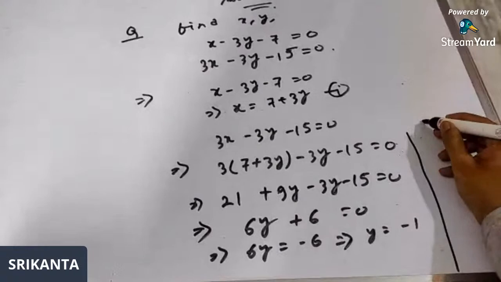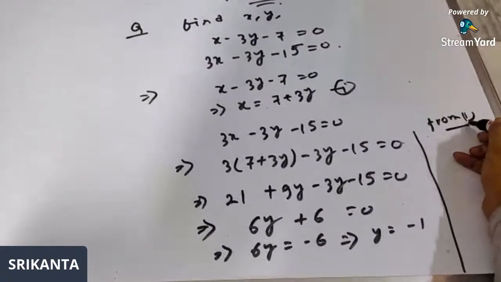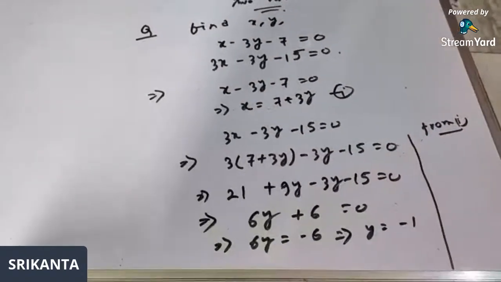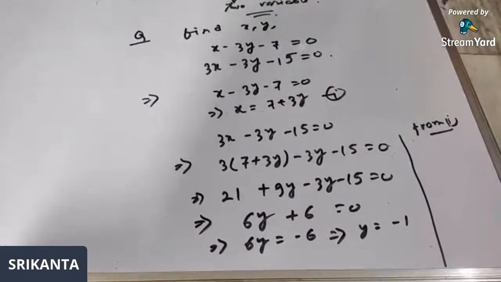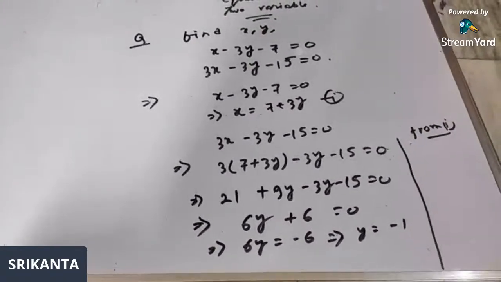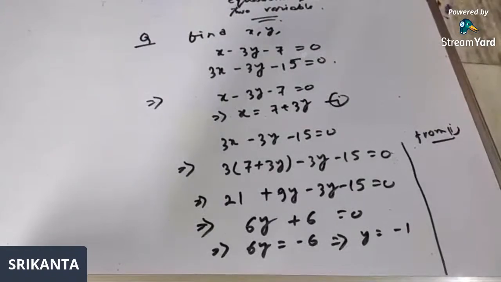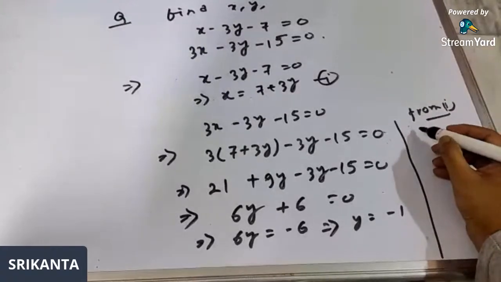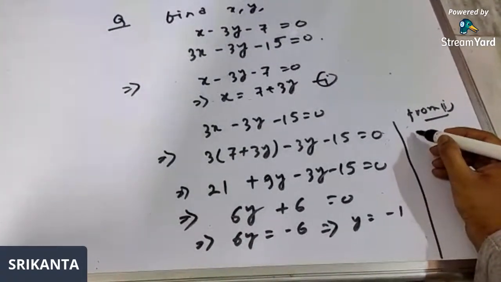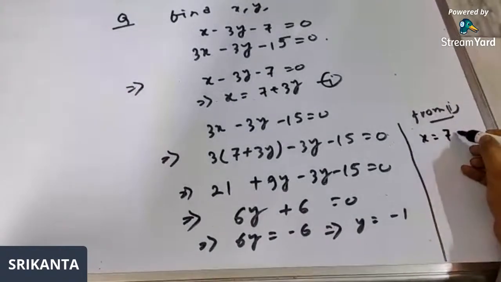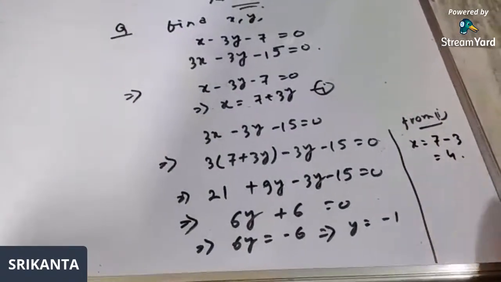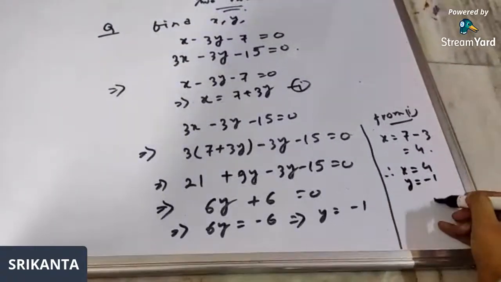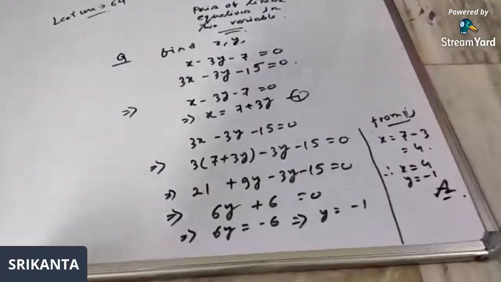So from 1 you can easily find the value of x. From 1, right? We have x is equal to 7 minus 3. So 4. So that's your answer. Therefore, x is equal to 4, y is equal to minus 1. Is it clear, students?